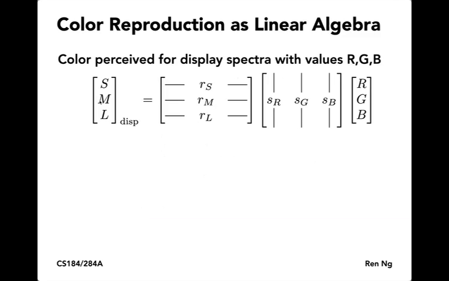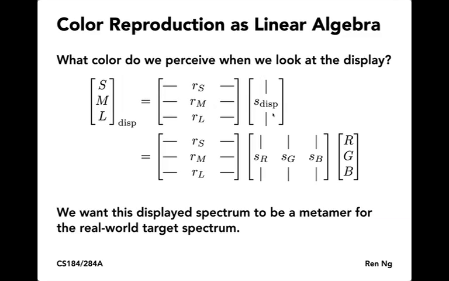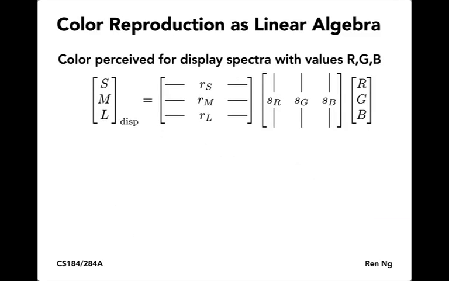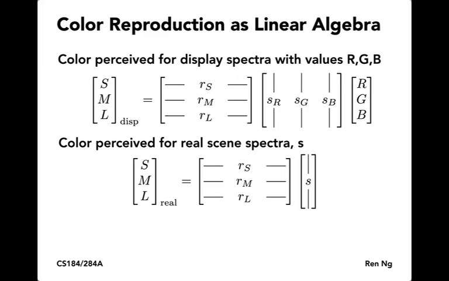So I just copied the previous slide up here. Okay, so SML for the display is equal to RGB times this stuff over here that I described. What is the color perceived for the original real scene spectra? That was S. Remember, this is the real spectral power distribution of the beige background behind the damselfly. It's just taking that S and doing directly the dot product against R sub S, R sub M, R sub L. So this is the real SML response to looking at the real thing in the world.